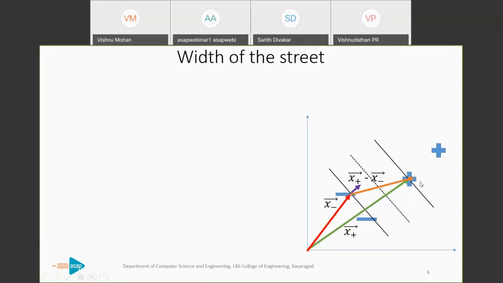So to take the projection, I will take the dot product of this vector with the unit vector. Now I will write the equation. So now your width of the street is x plus minus x minus, so that is the difference vector you have. You take the dot product with the unit vector, w by the norm of w.